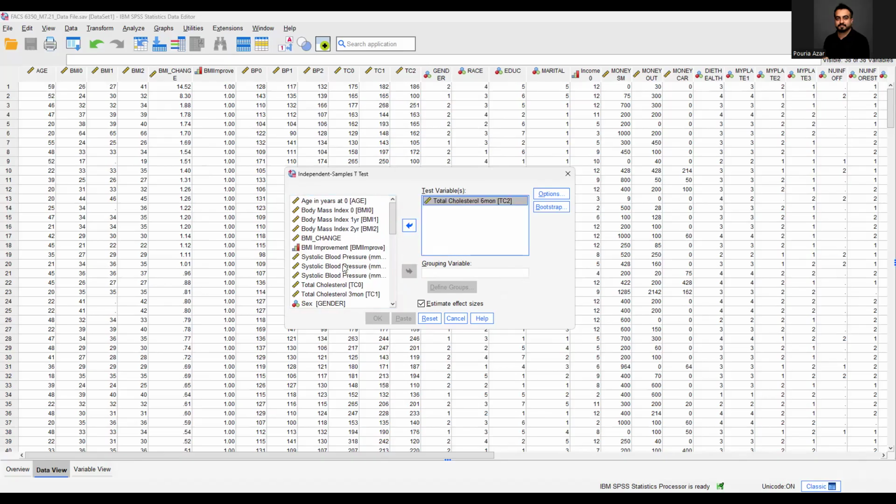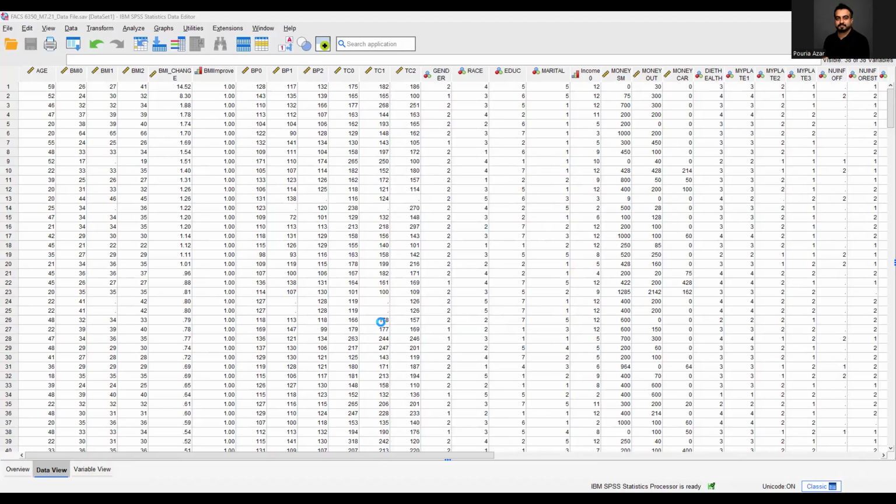My grouping variable is BMI improvement. After moving the grouping variable, we have to define the groups. Group 1 is 0 and group 2 is 1 because of the labeling of the variable. I don't need to check any options here. I can also check the box to estimate effect size and then click OK. So this is what I get.